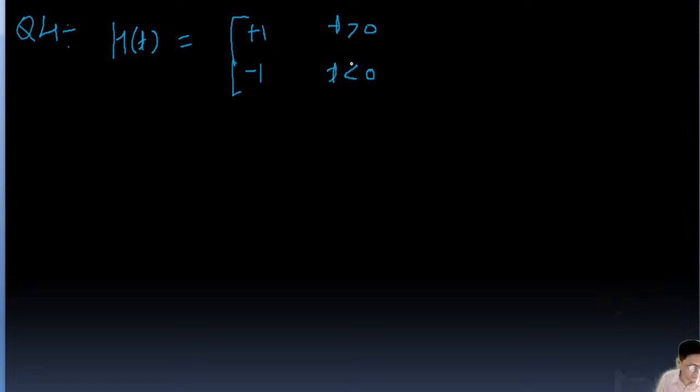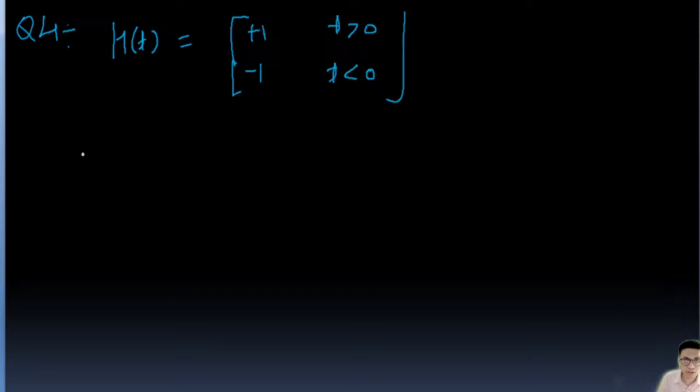Question number 4, I believe. Question number 4 is: we have given h(t). The value of h(t) is plus 1 if t is greater than or equal to 0, and h(t) is minus 1 if t is less than or equal to 0.